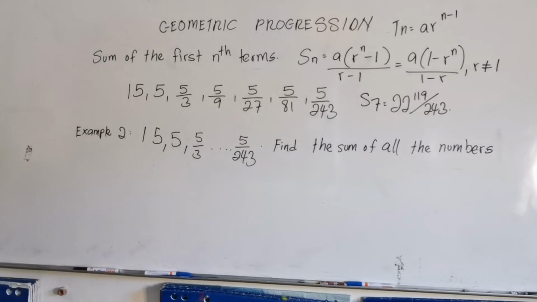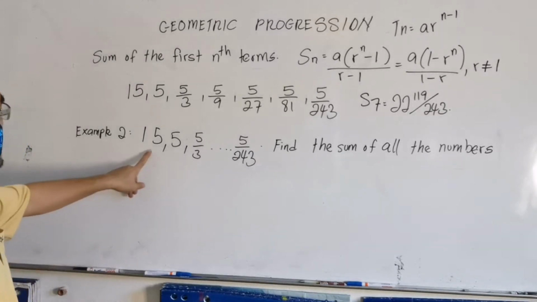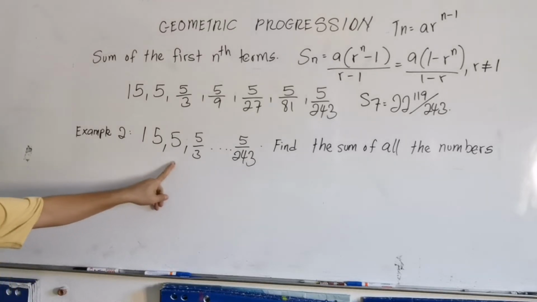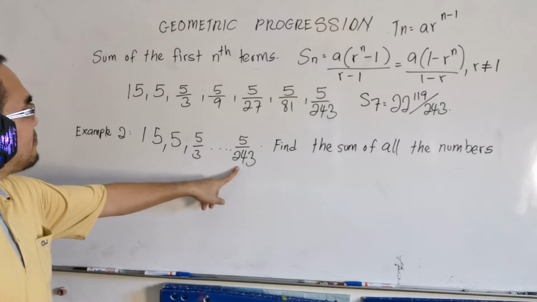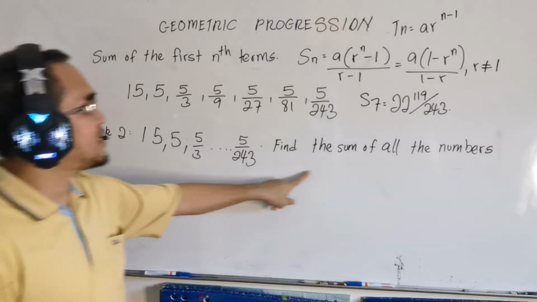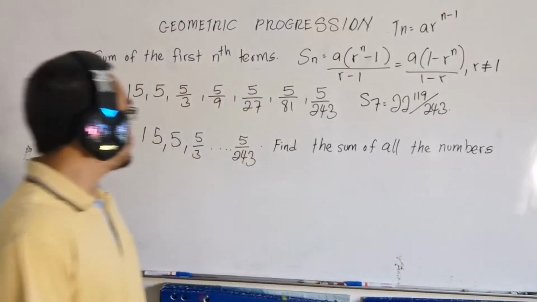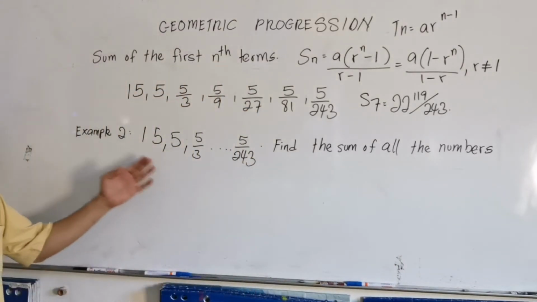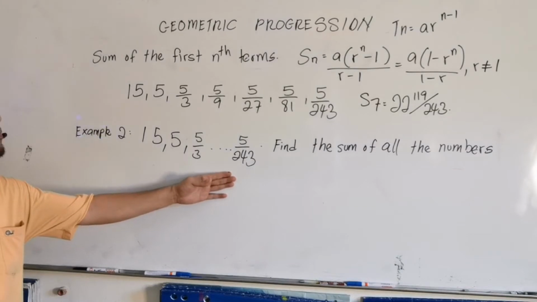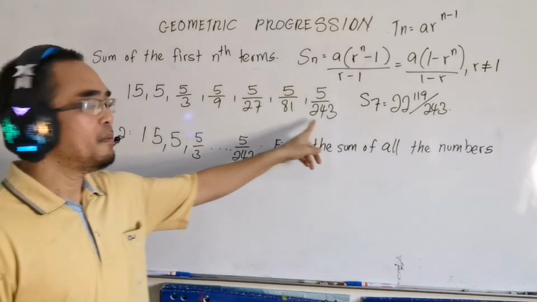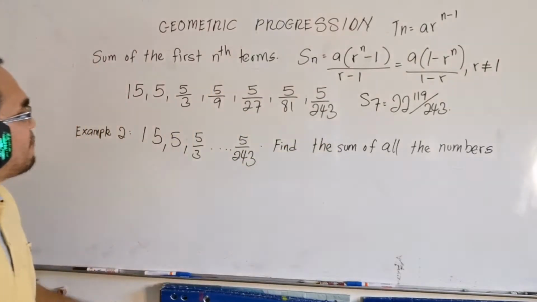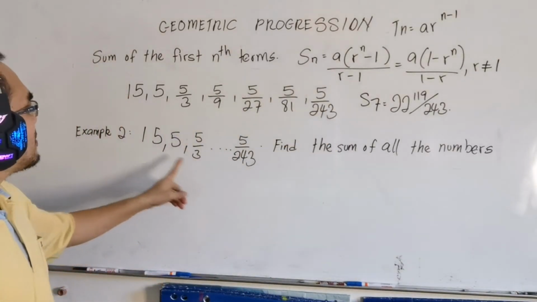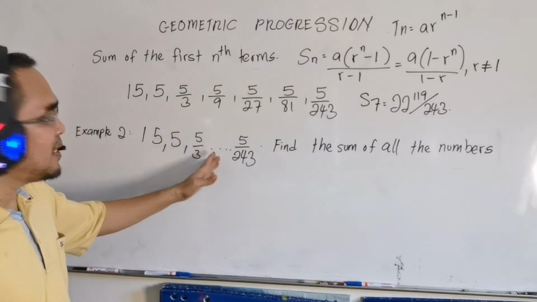Another hypothetical question I could come up with: we have the arrangement 15, 5, 5/3, and so on, and the last term is 5/243. Find the sum of all the numbers. So how do we know that there are 7 terms here? Because if this number were a big number or a very small number, it would be impossible for us to complete the arrangement.